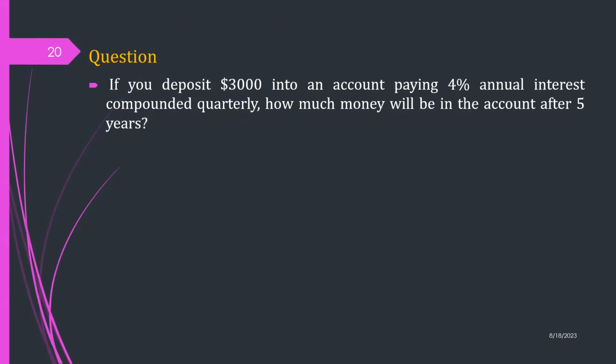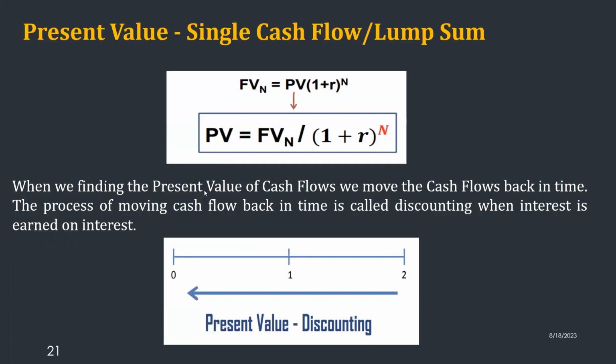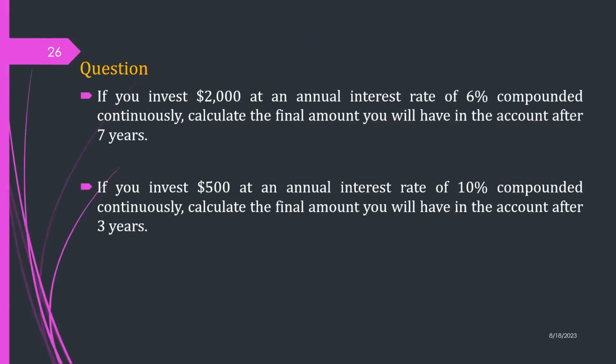Then you are given a question. This is the previous question that we took, and questions of this type should be calculated like this. Firstly, if you invest $2,000 at an annual rate of 6% compounded continuously, calculate the final amount you will receive in the account after 7 years.